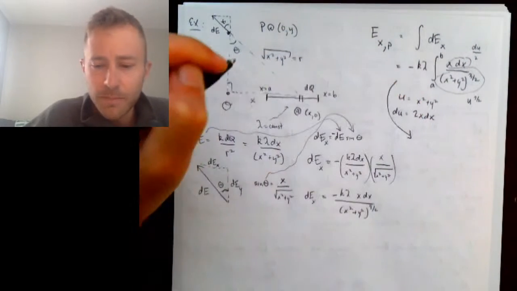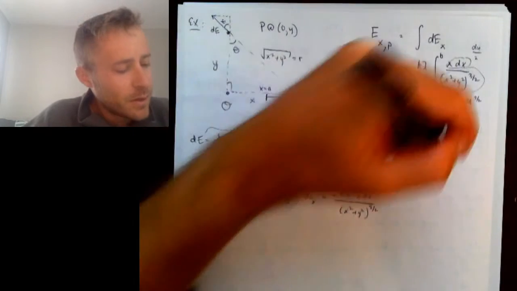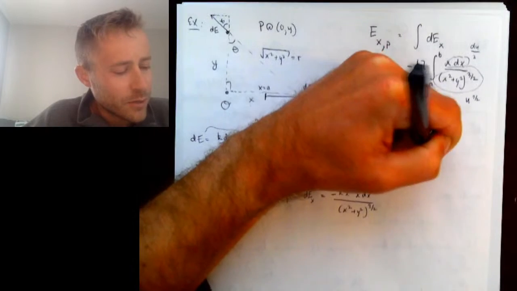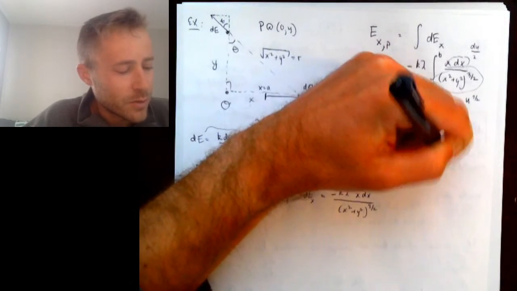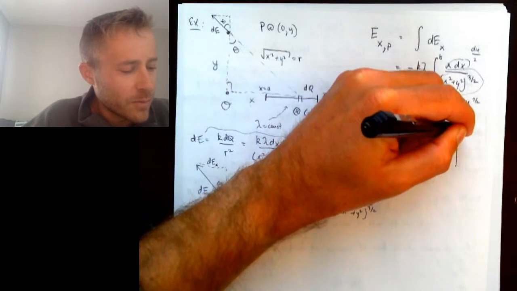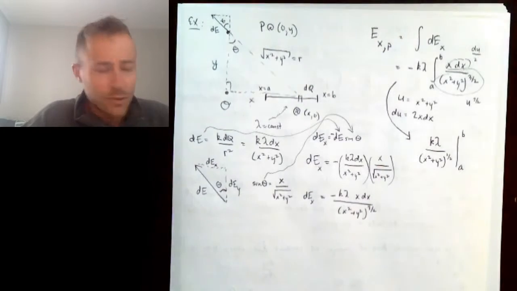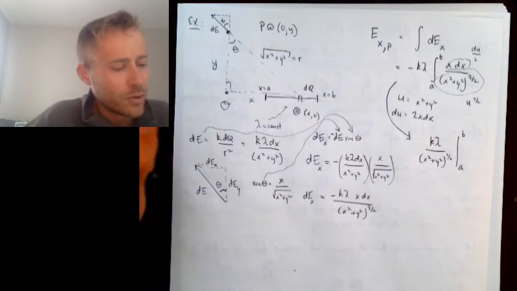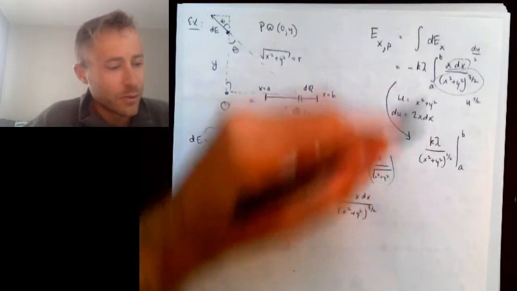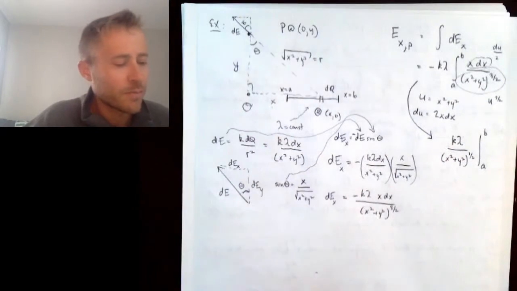And so you do the integral, and that's going to give you k lambda over x squared plus y squared to the 1/2 power, evaluated from a to b, because it's a definite integral. You can double check it by taking the derivative of this. The integral is over x, so I have to take the derivative with respect to x.